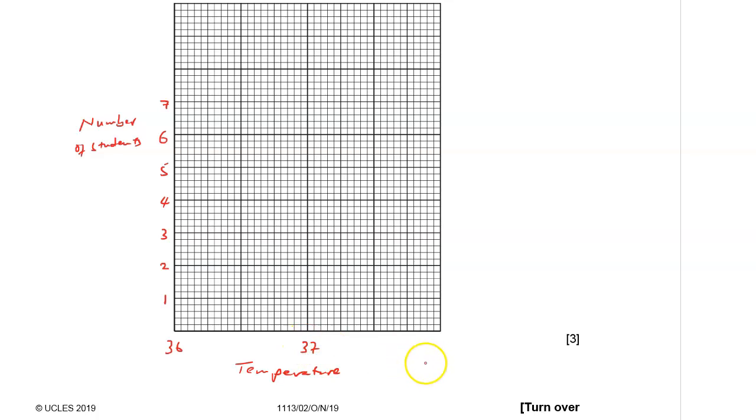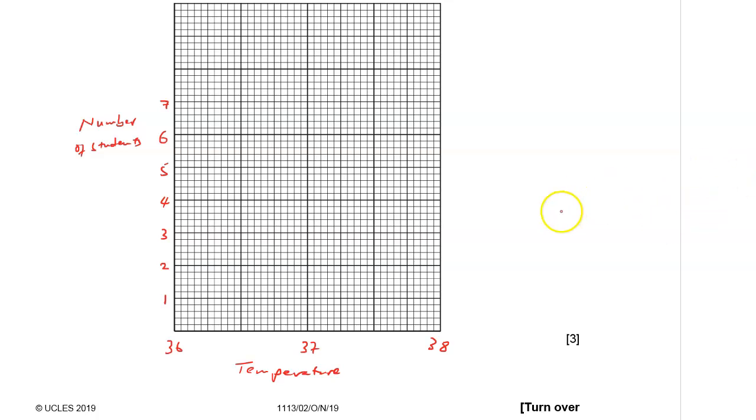You don't need to go beyond 7. This should be 38, but we're not reaching 38. So you're going to plot this using the tally table up there.